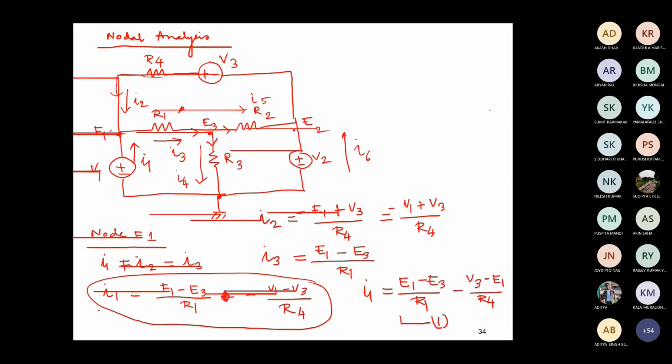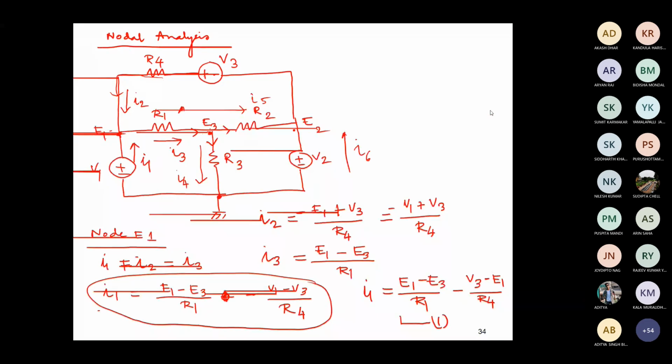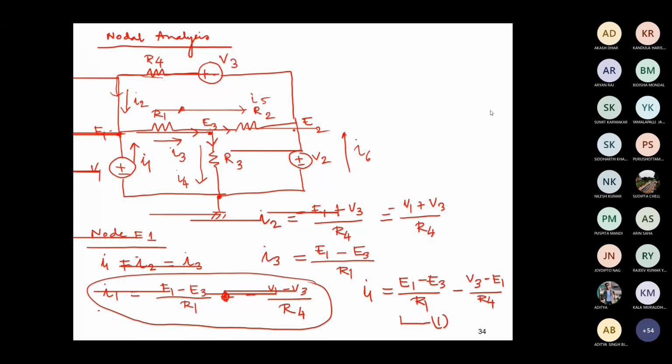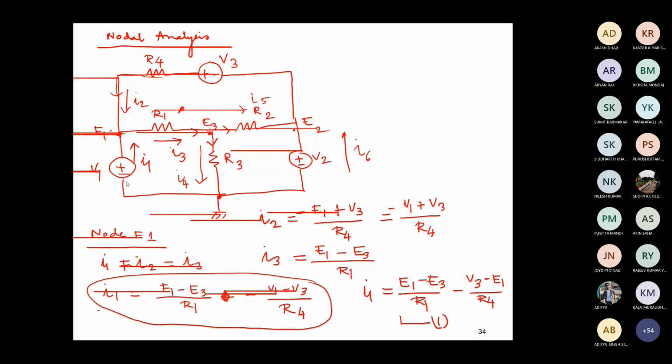Nothing is left. Next is E2. Sorry, this is E3. I wrote it the other way actually. E3 to E2. Okay. So this is the E3 node, and next is the E2 node. At the E2 node, what is there? I5 plus I6 equal to I2, isn't it?